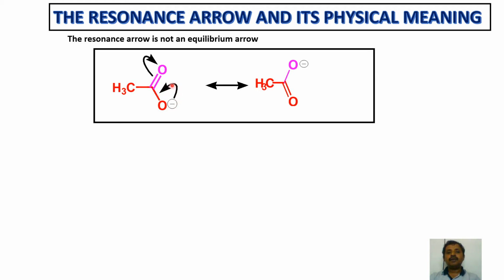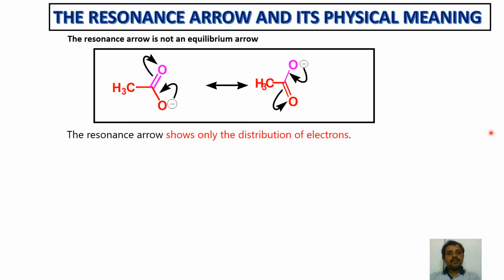Always the electronic movement should be there. Now, the resonance arrows show only the movement of electrons.